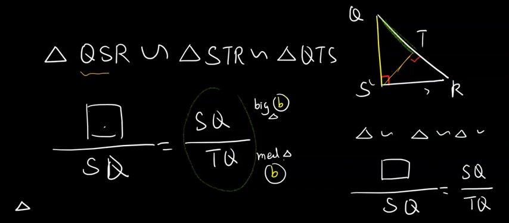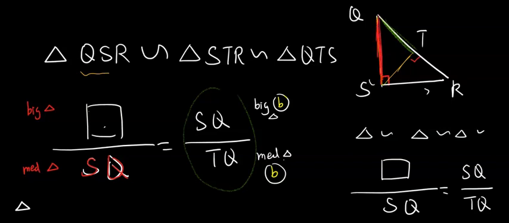Very good. Which means when we go to the right-hand side, we will also look at the big triangle and the medium-sized triangle. Medium-sized triangle, let's look at this part. Let's look at what SQ is in the medium-sized triangle. This time I'm going to color it again.